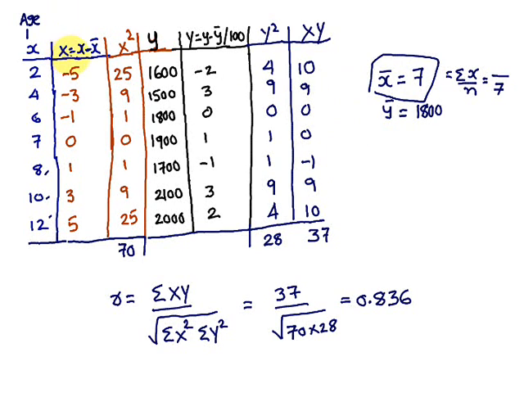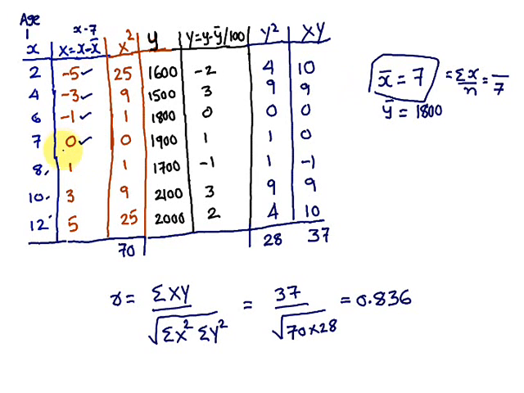So capital X is equal to small x minus x bar. That is the formula. Therefore 2 minus 7 is minus 5, 4 minus 7 is minus 3, 6 minus 7 is minus 1, 7 minus 7 is 0.